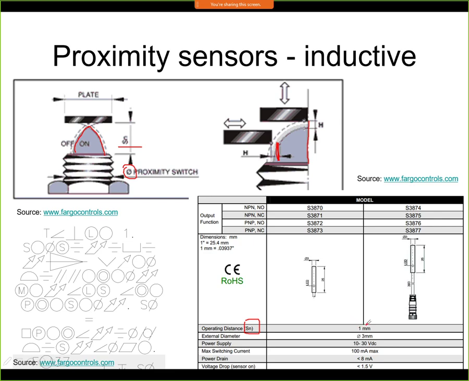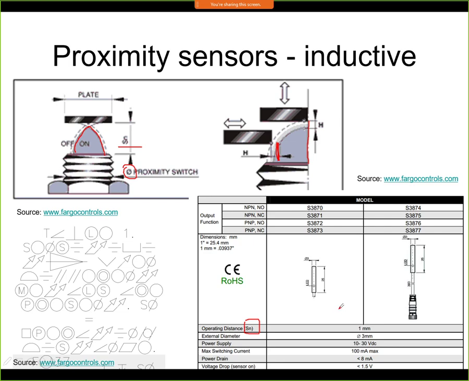The detection distance also depends on the materials. So this operating distance that you see in the datasheet only applies for ferromagnetic materials, so for iron. If it is steel, then it depends on the properties of the steel, but it's a little bit smaller. So for steel, we can say that's about 0.9 of this detection distance. So for this sensor, it would be about 0.9 millimeters.